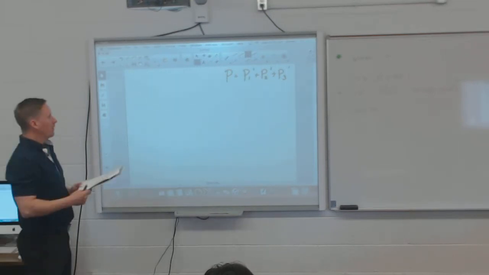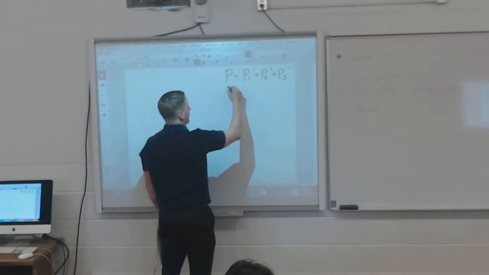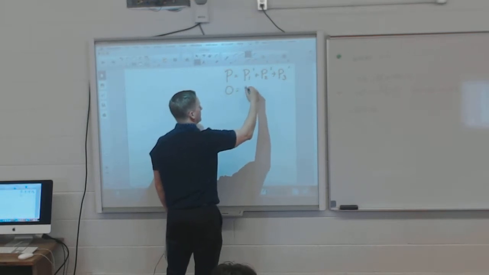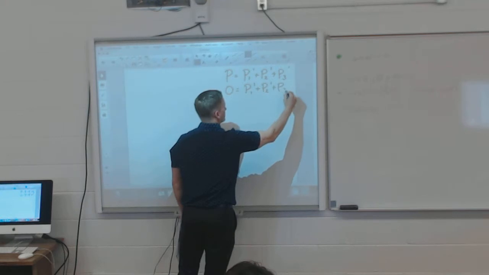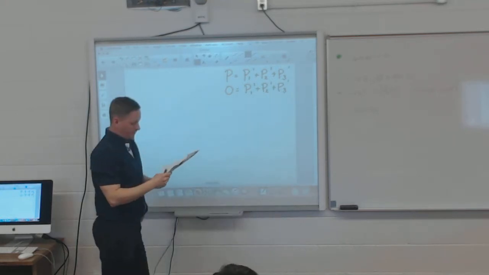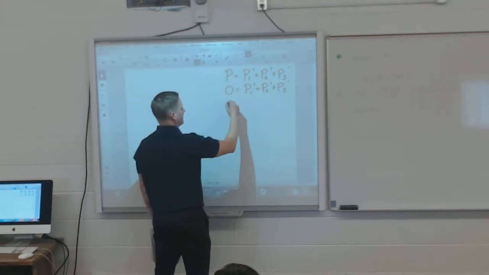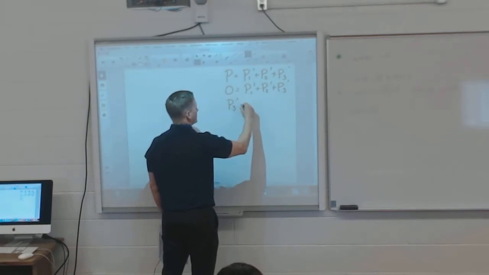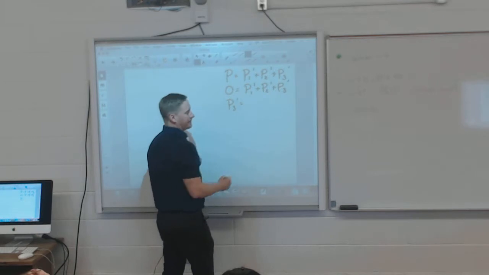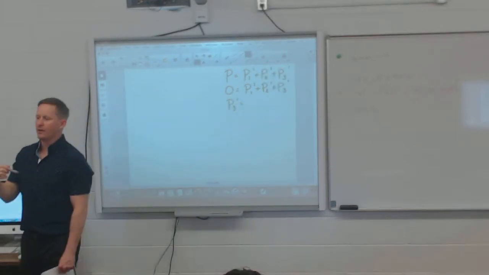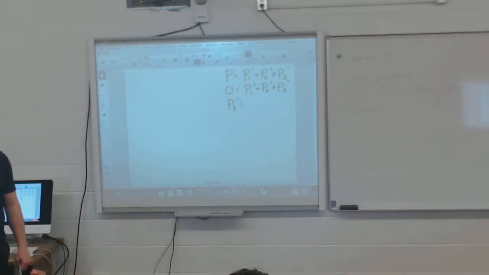Okay, so if I'm solving this, and I know this is 0, right? So I have P1 plus P2 plus P3. Therefore, P3 prime is equal to... Again, it's dependent on what you are most comfortable with.